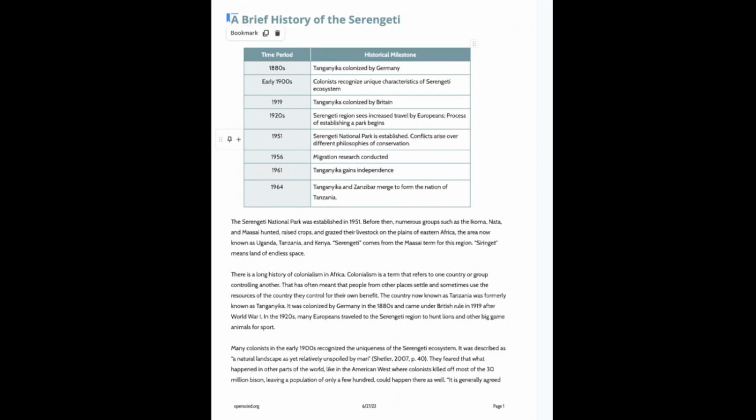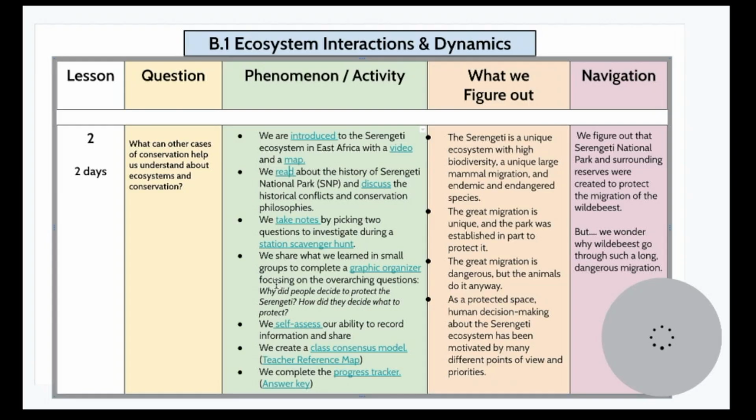It also talks about the Maasai people and their influence in this park and how they wanted to remain in the park because they have always lived there. So it gives some ideas about interest holders, which is going to come back later in the unit. But this is just a real basic introduction about how the Serengeti came to be a protected area.